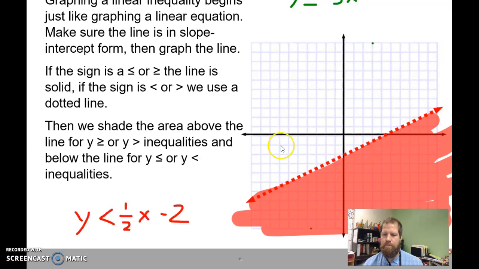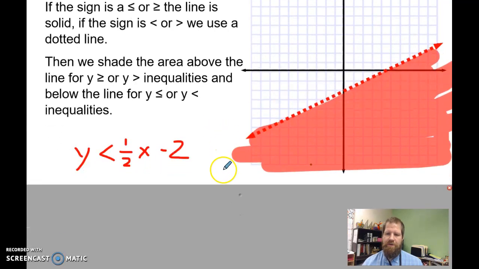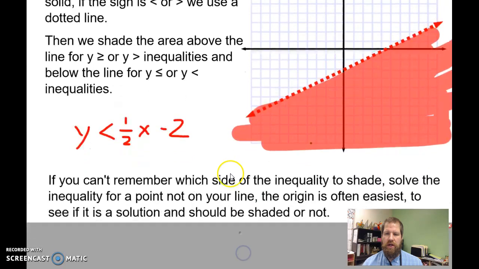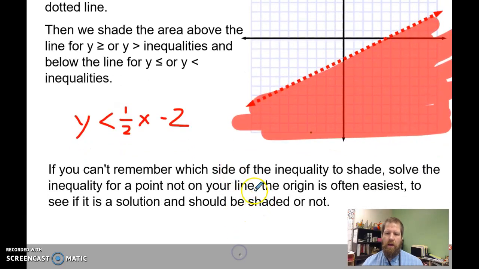Now, if you ever have a problem remembering which side to shade, I've got my line but can't remember which side to shade, it's pretty easy to figure out. Just choose any point, any xy value. The origin is generally the easiest, because you're just plugging in zeros.